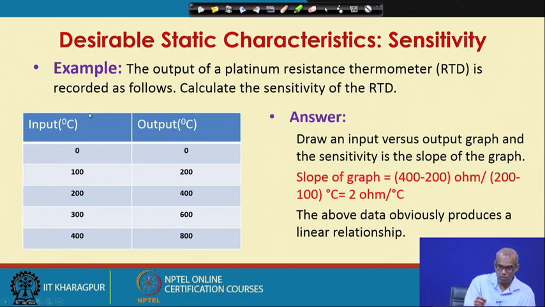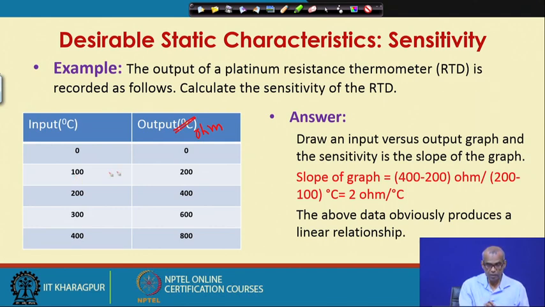So, when the input is 0 degree Celsius, then there is no temperature input, and the output we call it as ohm. So, the actual output of the resistance temperature device, take it as ohms, not degree Celsius. So, there is a typing error here.